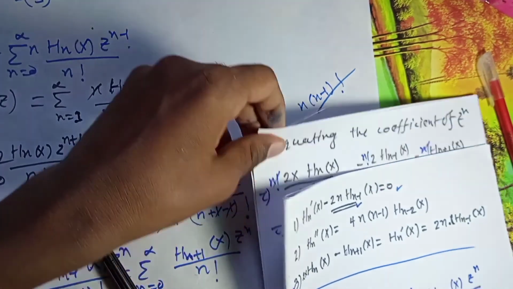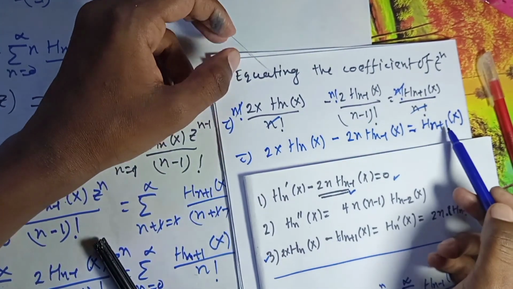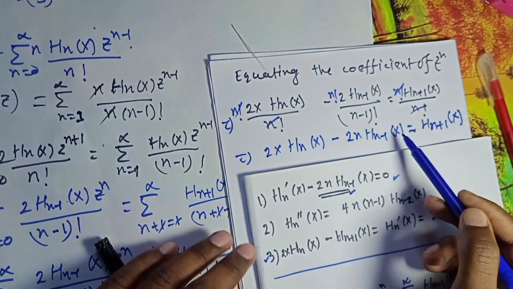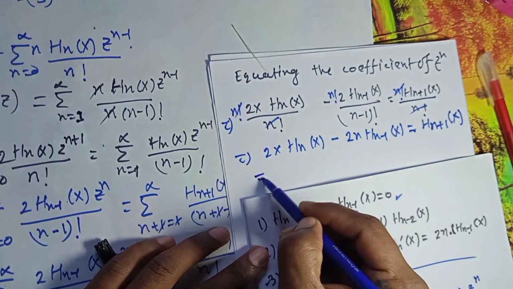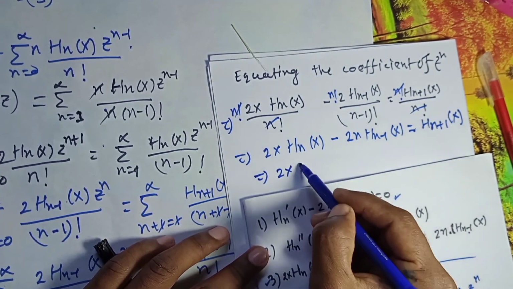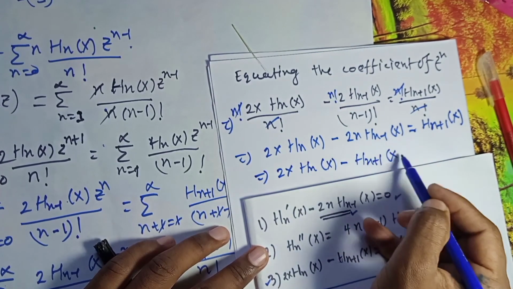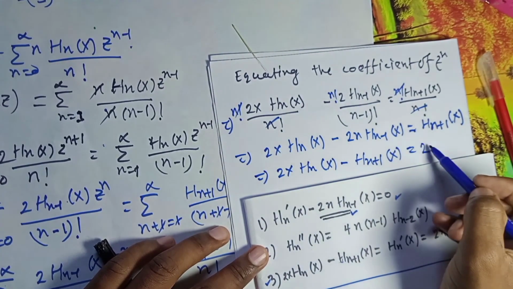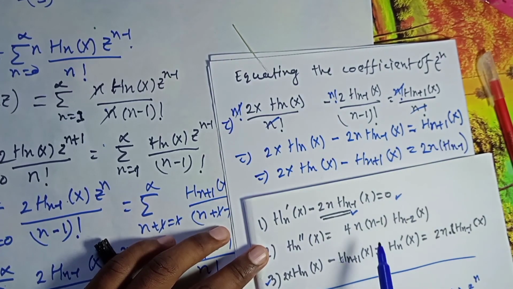We see that here 2x Hn of x, and H n plus 1 is on the right side. If we take this to the left side, we get 2x Hn of x minus H n plus 1 of x is equal to 2nH n minus 1.